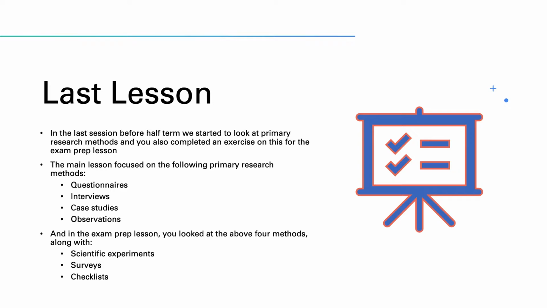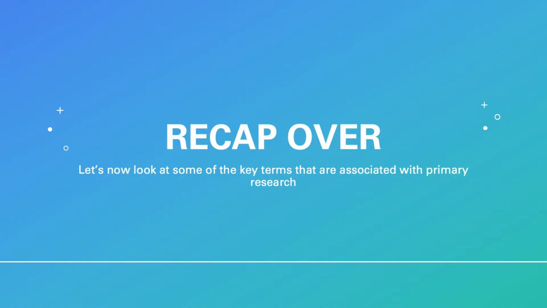So next week, I'm going to set you some tasks just to revisit those so that you are fully aware of them and you understand them. But for today, we're going to move on to looking at some key terms associated with primary research. Remember, you can pause this video whenever you want if you need to go back and take notes.